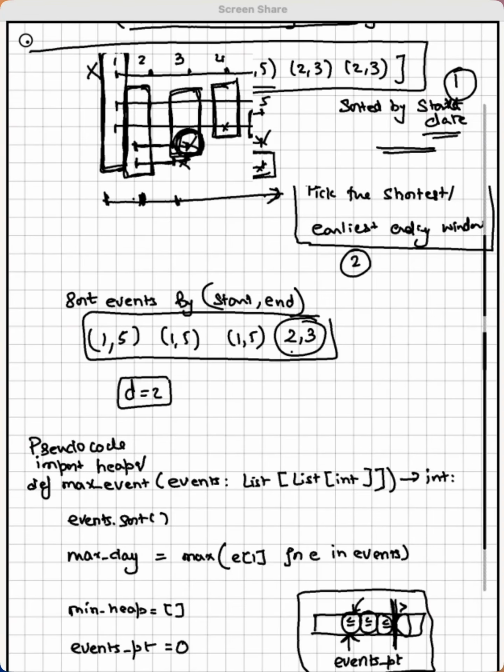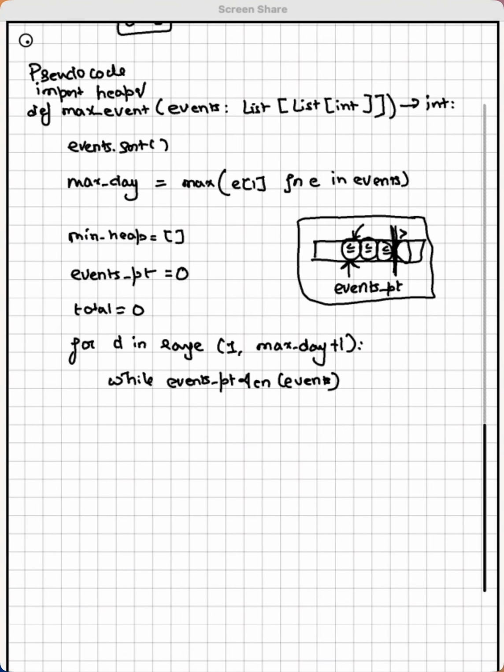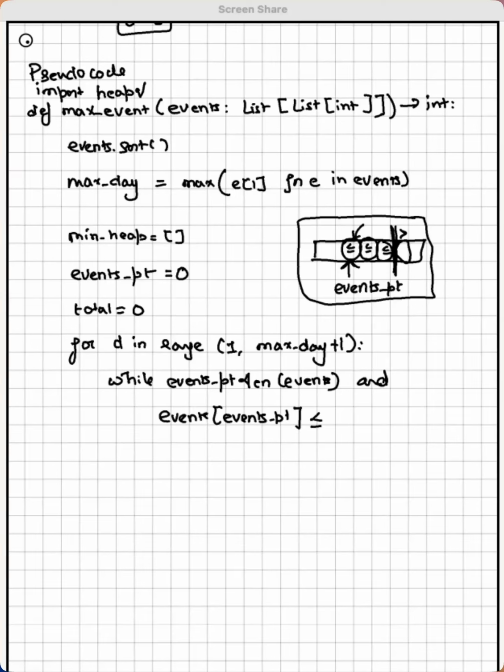That's the operation we're doing of updating our min heap so that we can fetch the smallest ending window. So if events pt is less than the length of the events array, and if events of events pt is less than or equal to the current day, very good. This is a window that I want to consider. So let's add it.